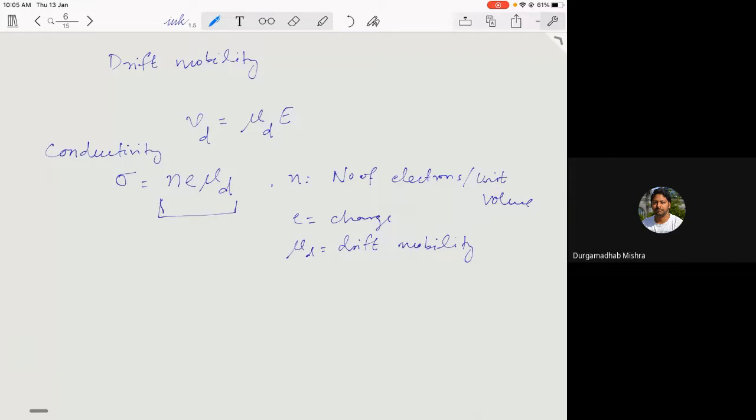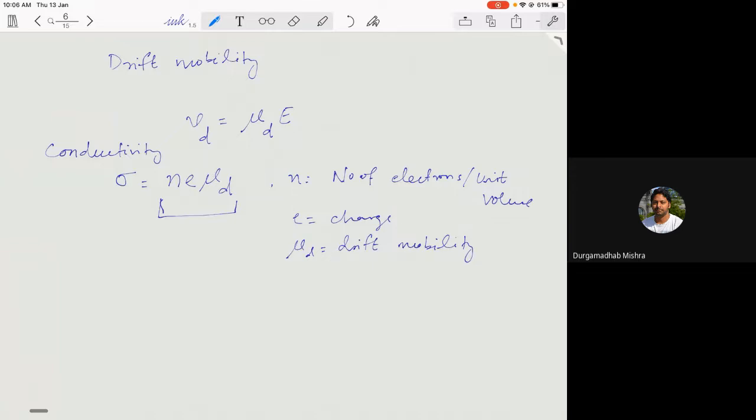Now, you should be careful that the conductivity depends on all three parameters, n, e, and mu d. Even if the mobility is high, that doesn't mean conductivity will always be high.